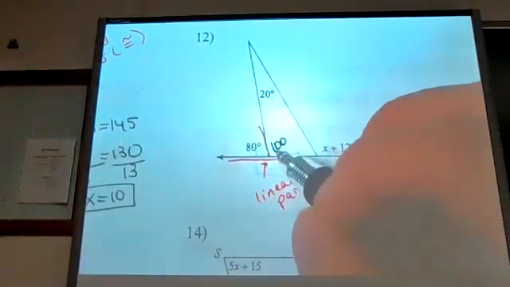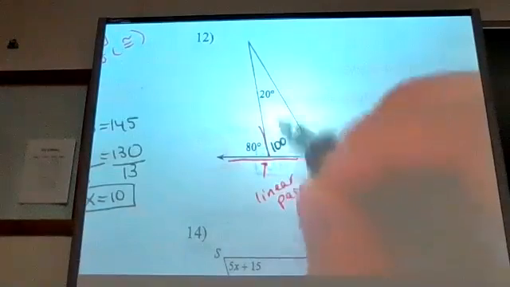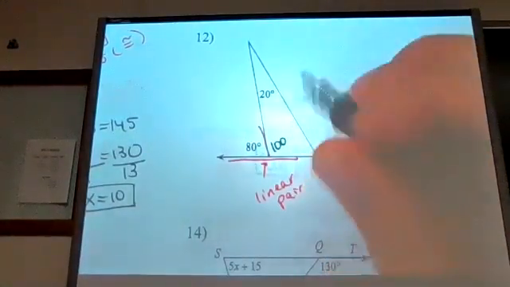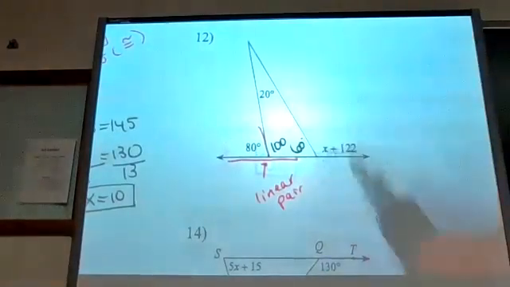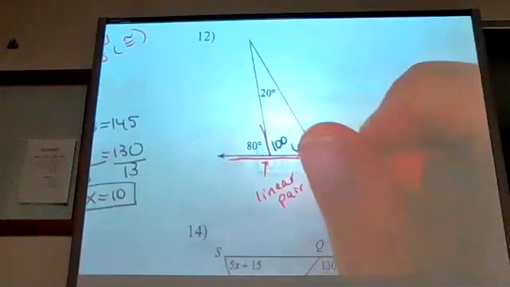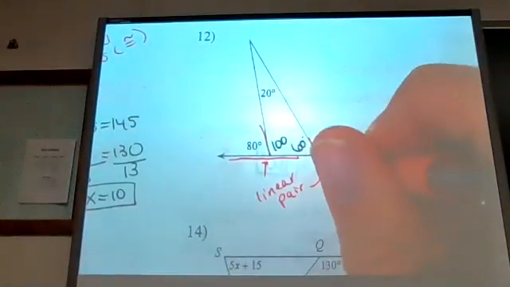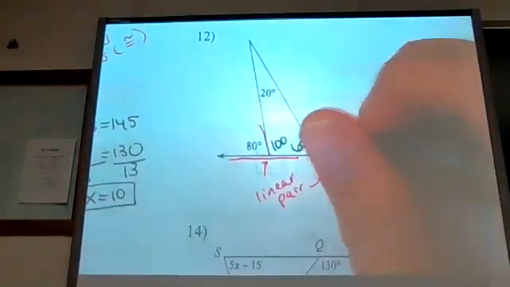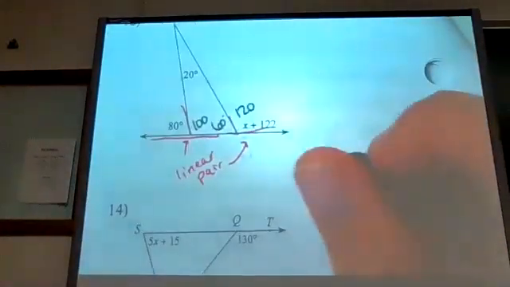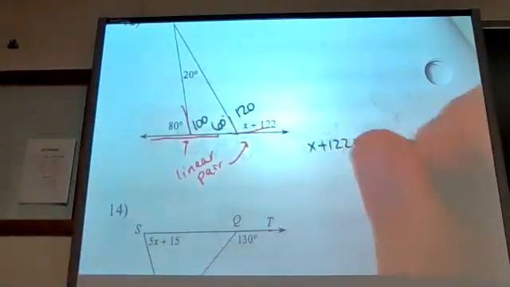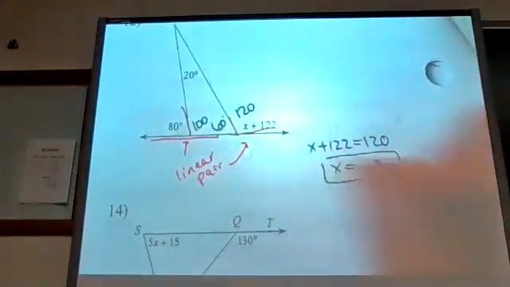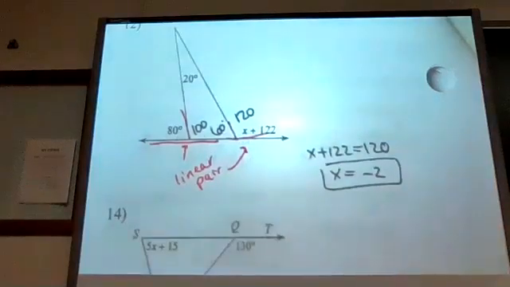And then if I have a 120, I have 120 degrees so far, this angle must be 60 degrees because my triangle has to add up to 180. And if this angle is 60, again, we have another linear pair here. So this must be 120. Okay, so then I know that x plus 122 equals 120, or x equals negative 2.